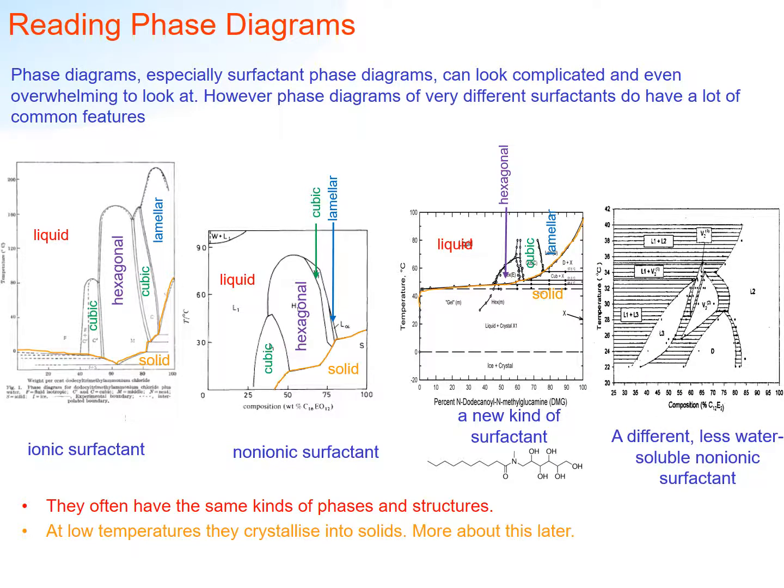A different, less water-soluble non-ionic surfactant again looks different at first impressions, but in fact is quite similar. There's a liquid phase, a couple of cubic phases, a lamellar phase. Notice that the horizontal axis, the composition axis on this particular surfactant, starts at 25% solution.